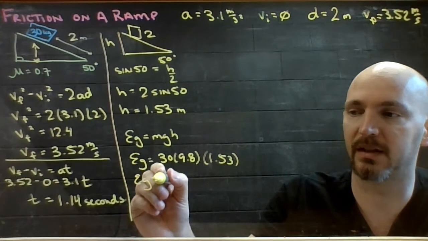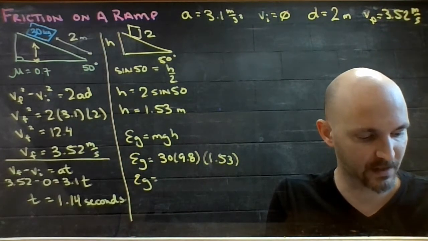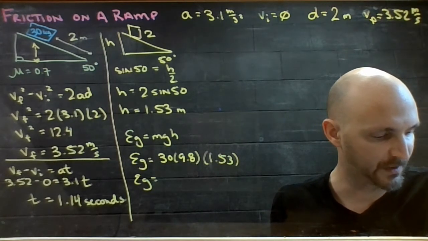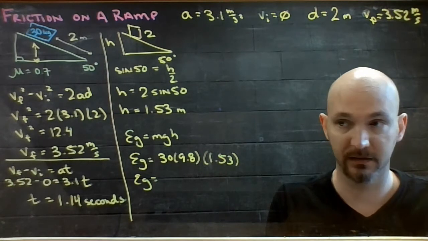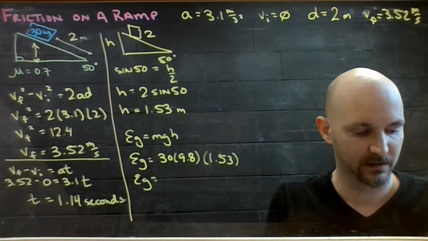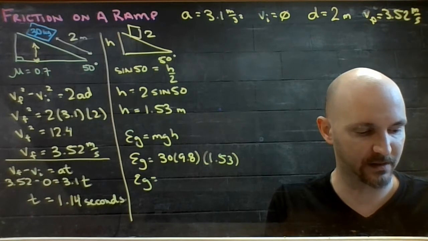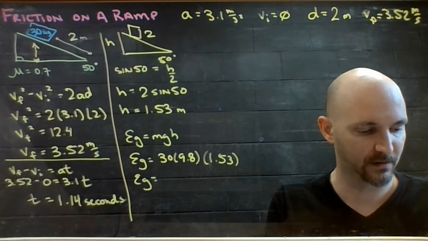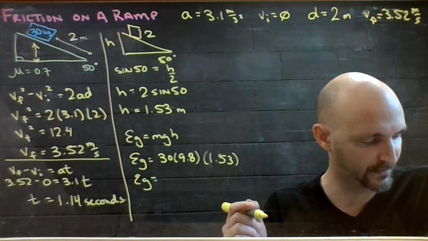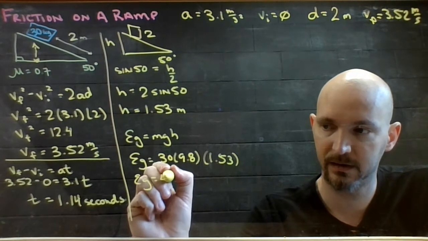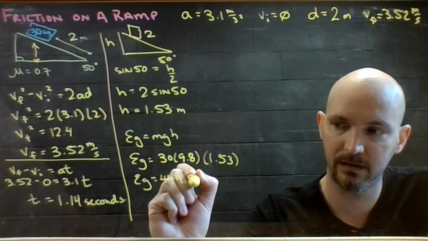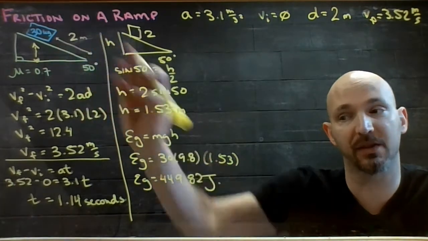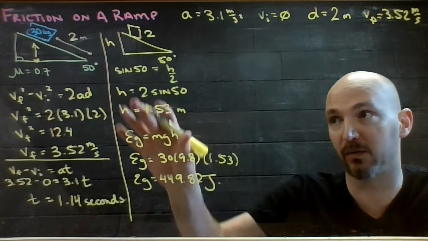So 30 times 9.8 times 1.53 gives me 449.82 joules. Okay, so in the initial position, there's this much energy to spend on whatever else is going to happen.